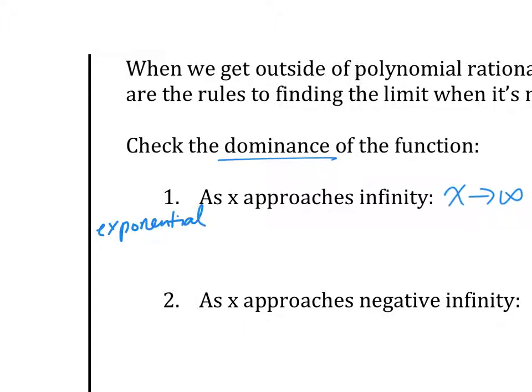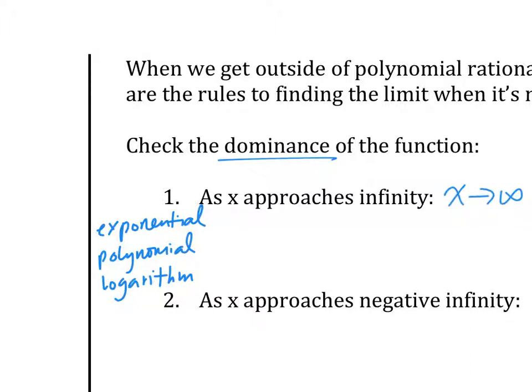All kinds of exponential, okay? So e to the x, 2 to the x, 3 to the x. Next, polynomial. Remember your polynomials are all your x squared, x cubed, x to the fourth, that kind of stuff. And then you have your last one, which is logarithm. Log base 2, log base 10, natural log, all your logs.